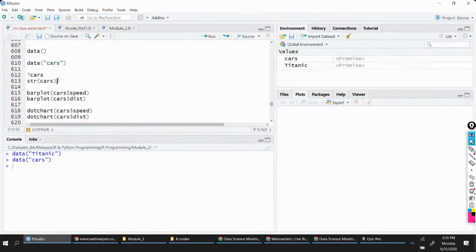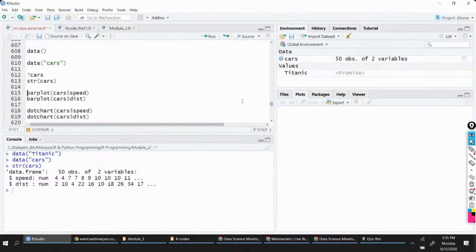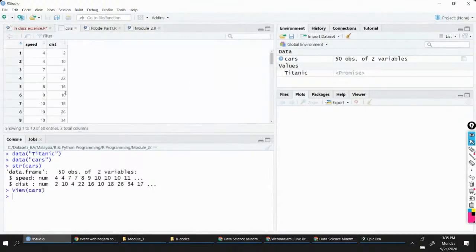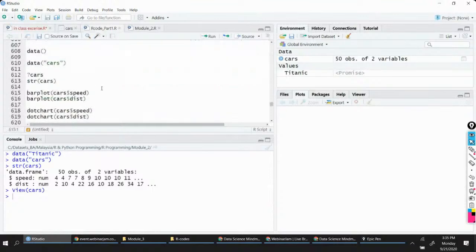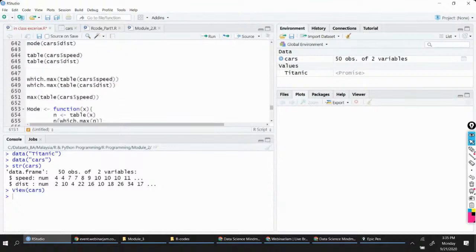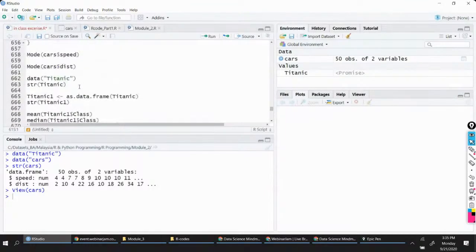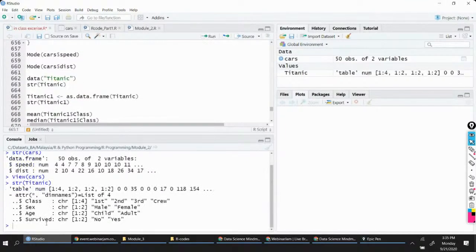So here I'm looking at cars data. I have these values, 50 entries are there. I'm also looking at Titanic data here, and it has character data as well.